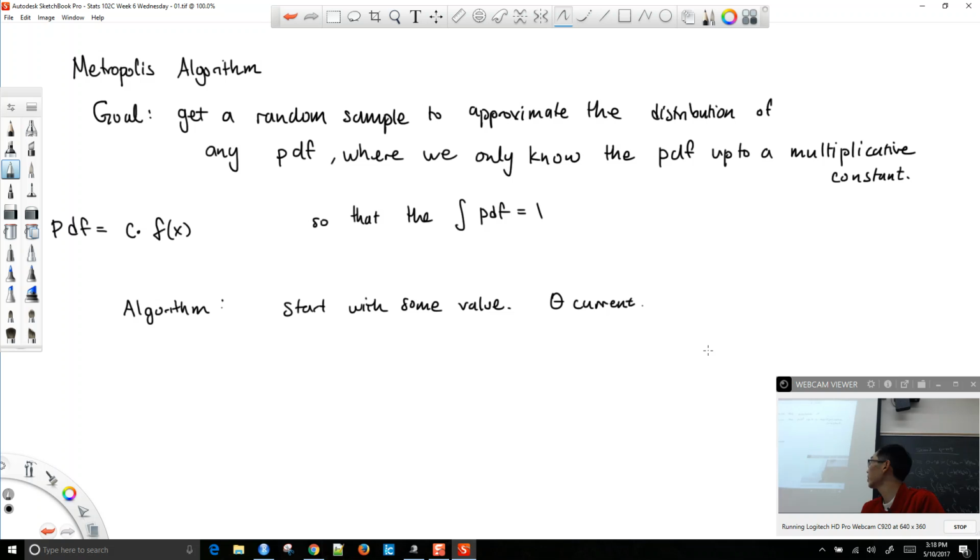Then for the continuous case, we propose a new value, theta proposed. Now, theta proposed comes from some distribution.